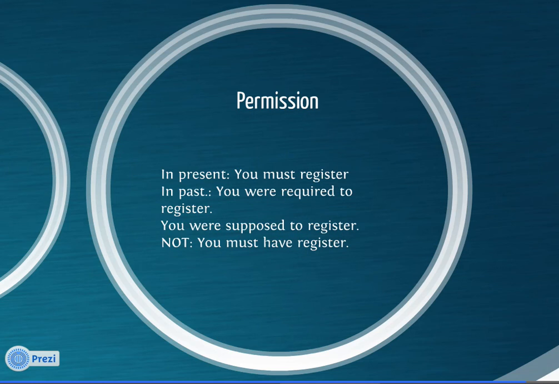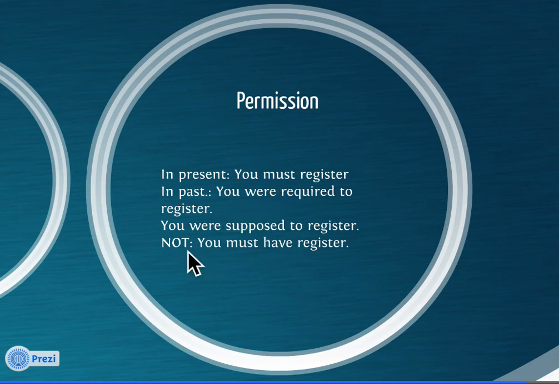And permission. For example, if in the present you have permission or obligation, you must register. I should have written here permission or obligation. So in the past, you don't use must have.